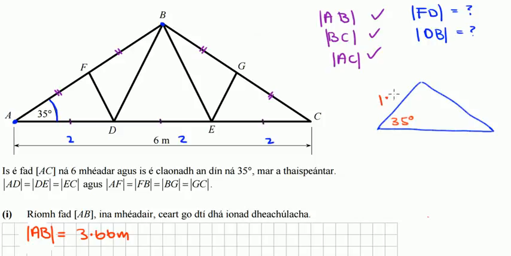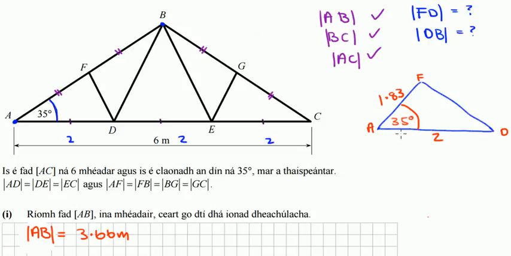That will give me 1.83. So I have my angle, I have 1.83 for AF, and I also know that AD is equal to 2. All I've done is taken a triangle from the main diagram and filled in what I have. Now it's easier to notice what I need to do in order to find FD.